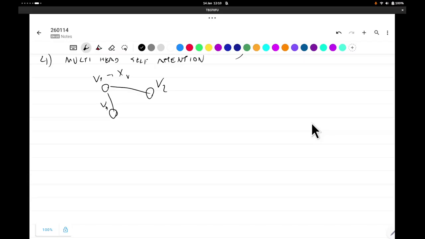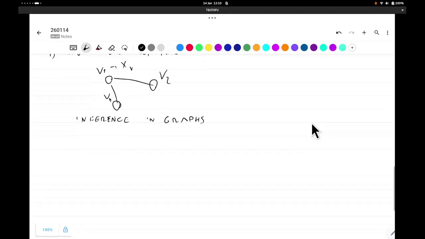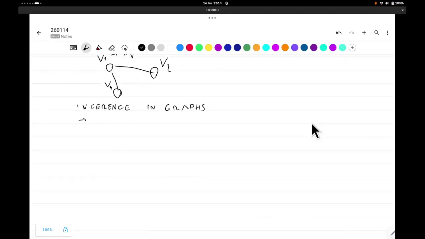So once you resort to graphs as data structures, you may ask, okay, what do I predict? Let's say when we go to inference on graphs, we have node level prediction or inference, node being the same as vertex.